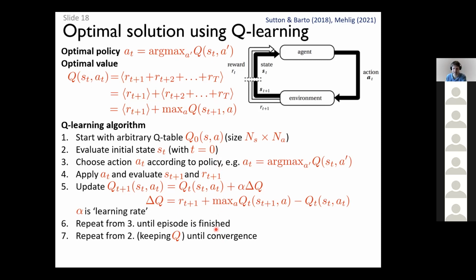In this current case, we don't have any exploration, and we will therefore converge to a certain Q table, but not the optimal one. And then one needs to add exploration to be able to find the global optimum. It's always tricky with learning algorithms to ensure that you find a global optimum rather than a local one.